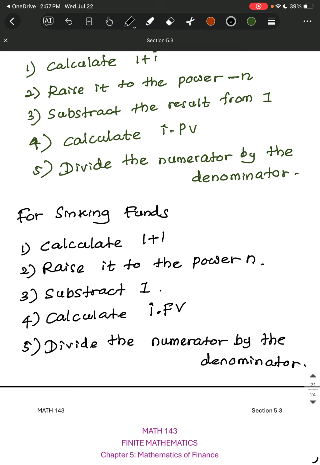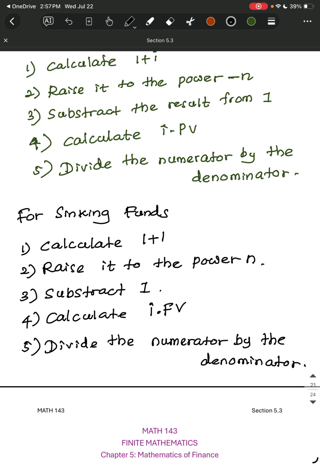Okay, then let's summarize today's lesson. Today we studied two applications of annuities. In loan amortization problems, a present debt is repaid through equal periodic payments. In sinking fund problems, equal periodic deposits are made to reach a future savings goal.